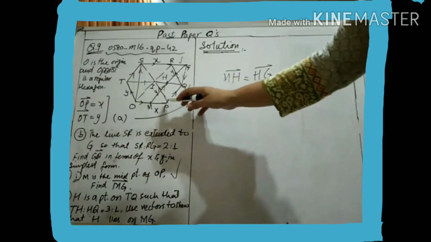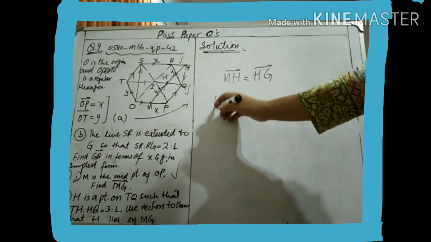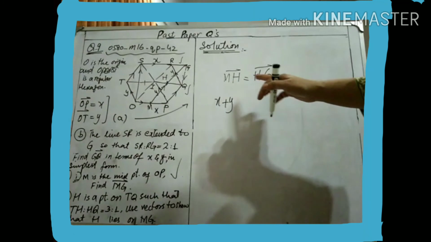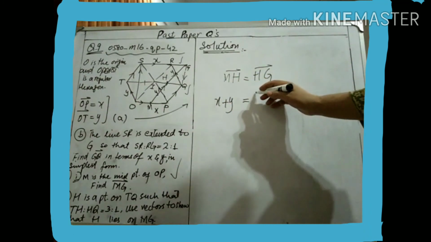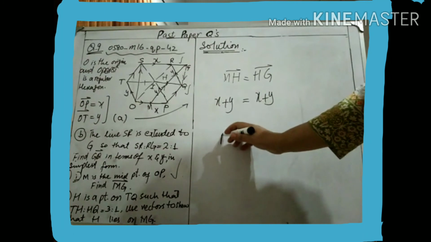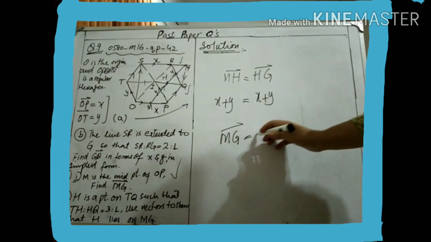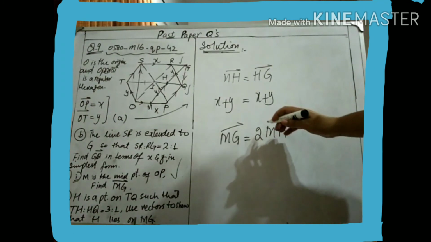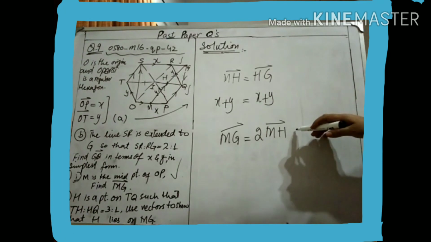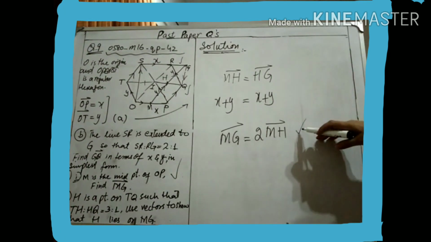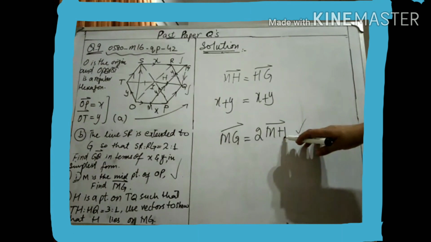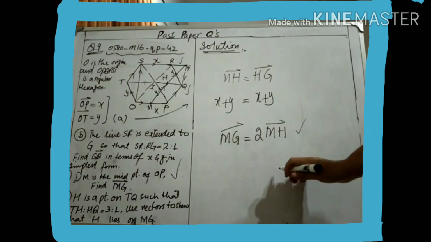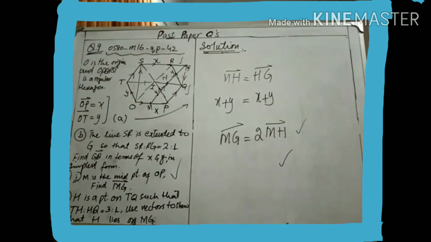MH is parallel to PQ, and its value is X plus Y. Because both are half of MG, if this one is X plus Y, this is also X plus Y. It means we can write MG equals 2 times MH. So we have now proved that H is a point which lies on TQ and MG also. Okay, so now this question is over. Allah Hafiz.